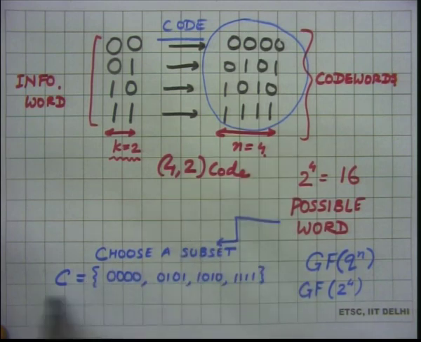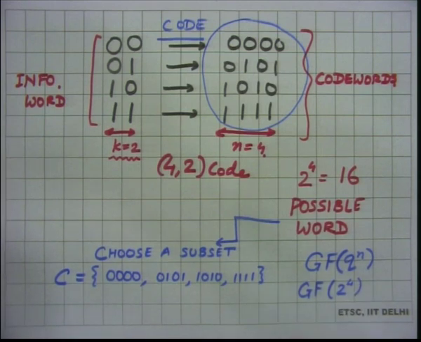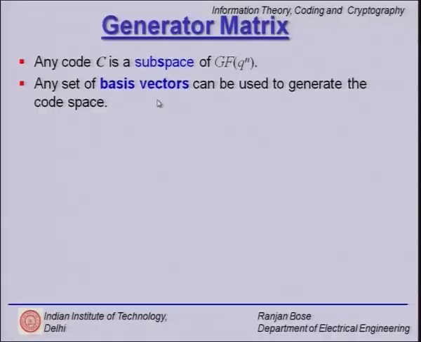Okay? So code is a subspace of GF(Q)^n. So we go back to our slides and make the observation that any set of basis vectors can be used to generate the code space. Now this is the critical observation. A set of basis vectors can be used to generate this space.